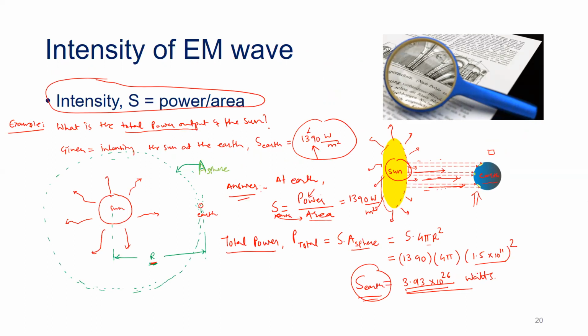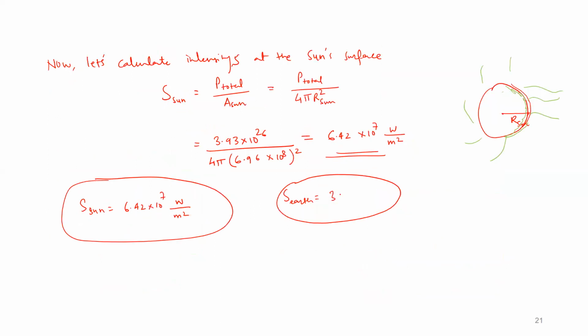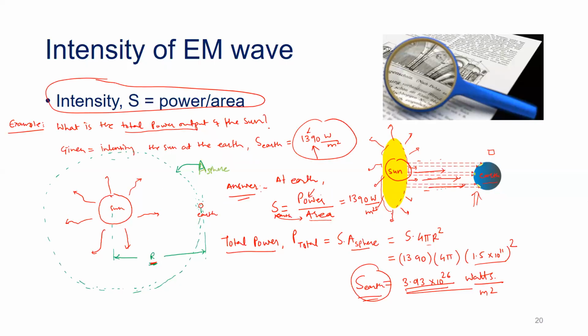Let me correct it: this is not watt per meter square, it is actually watts, because this is the total power, not the intensity.